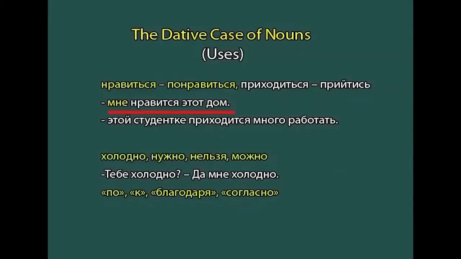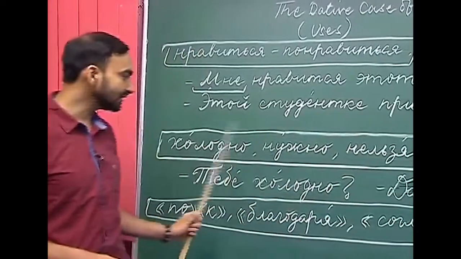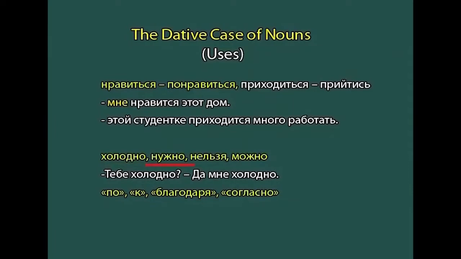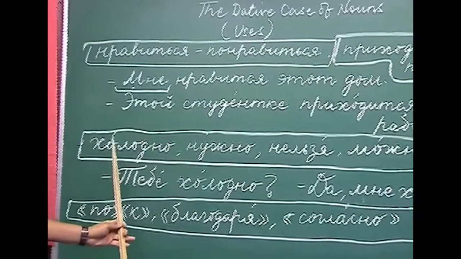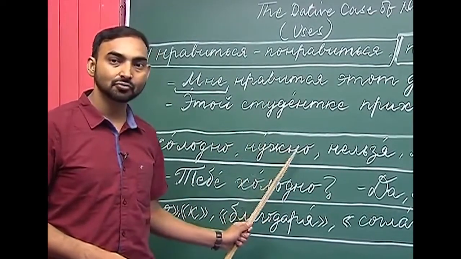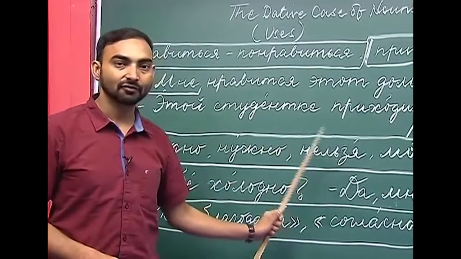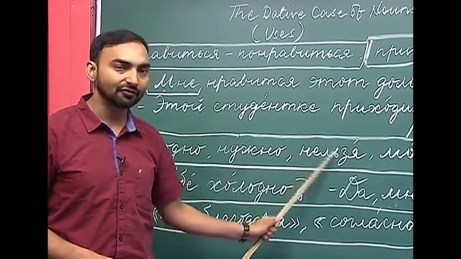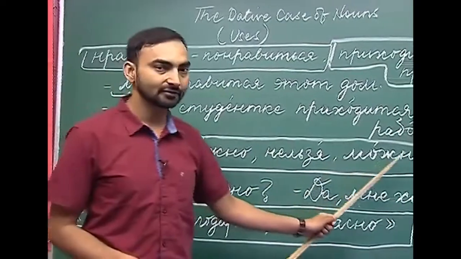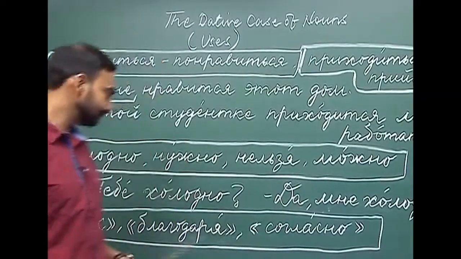The next use of dative case is with some adverbs and words like holadna, nushna, nilzya, moshna. Holadna is cold, nushna is necessary, nilzya is not allowed or never, moshna is it is allowed. So, nilzya and moshna we have done before.